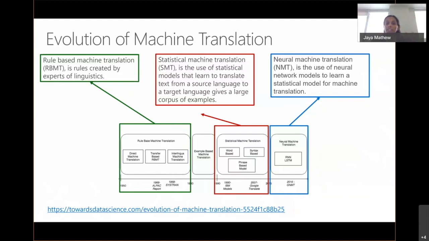Then a bunch more examples came up, and people tried out something called example-based machine translation. It was only in the 1990s, for about 15 years, that people, based on these examples, tried to use some sort of statistical machine translation. So things like word-based, syntax-based, phrase-based models.